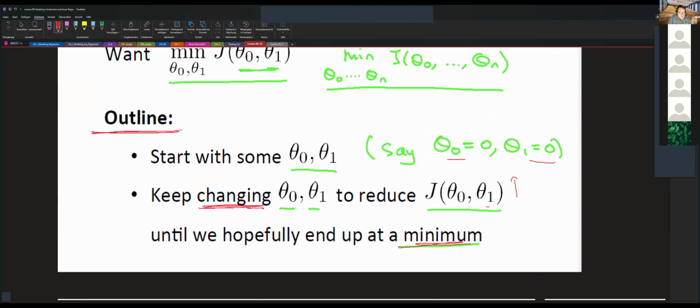How do we change it? Magnitude plus direction: is it plus or minus?